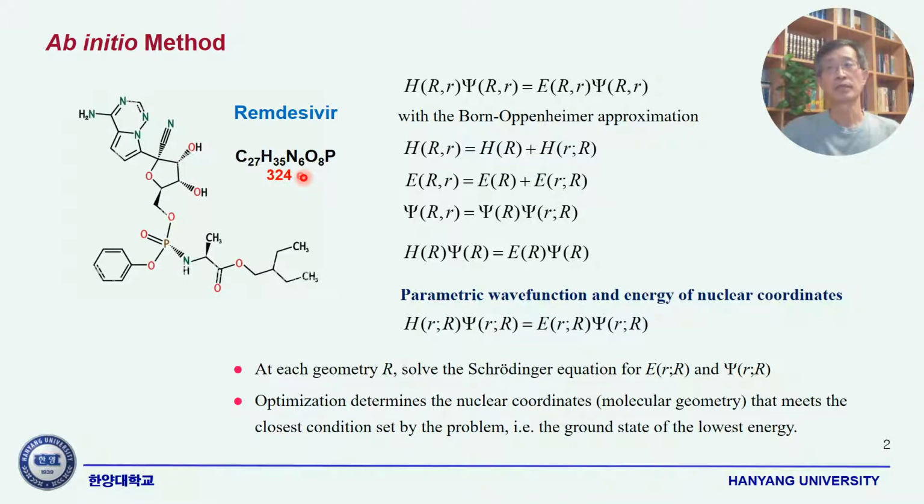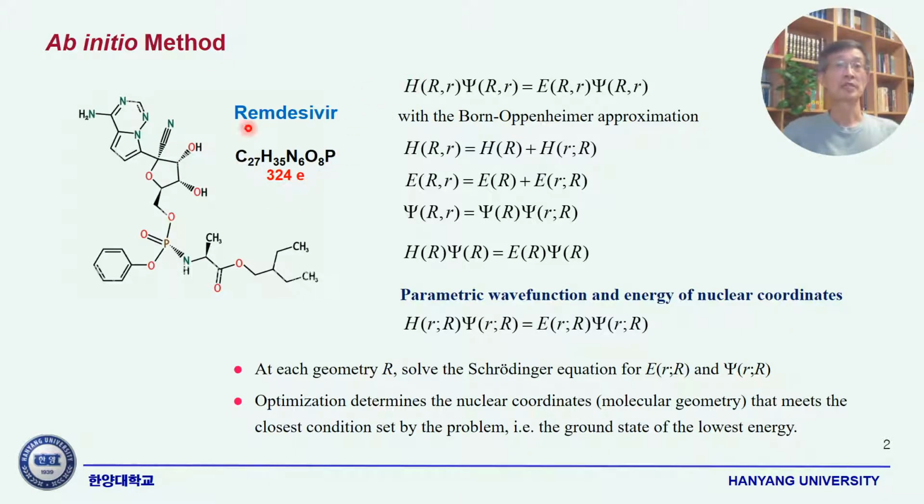So given these atoms and the number of electrons, you are just given these fundamental particles, and then you can solve the Schrodinger equation of this system. Totally there are that many nuclei, 27 carbon, 35 hydrogen, etc., and 324 electrons.